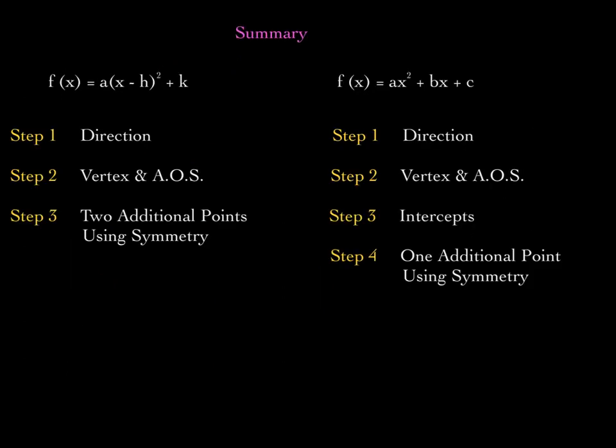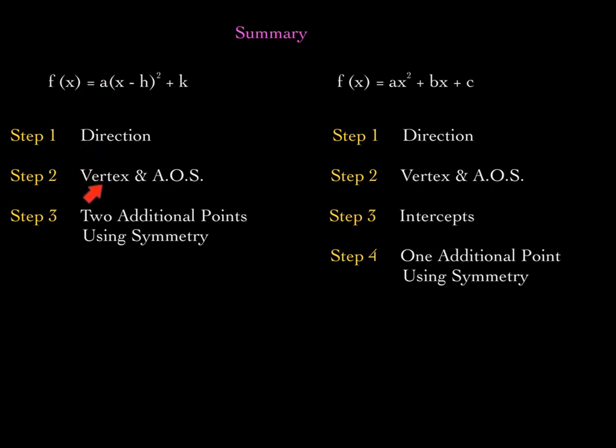Here's a summary of everything we discussed in this lesson. Now, the first form here that I'd like to highlight is standard form, or also what I call vertex form. And these are the steps that I would follow to graph a function when it's written in this form. Get the direction by looking at the leading coefficient. Determine your vertex.